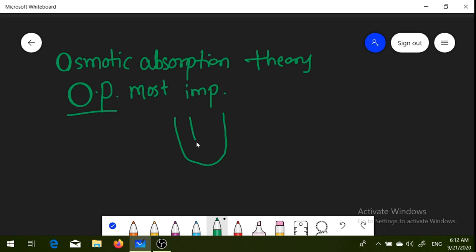Okay, so this movement is through the semi-permeable membrane and the factor responsible for the movement is the concentration difference.